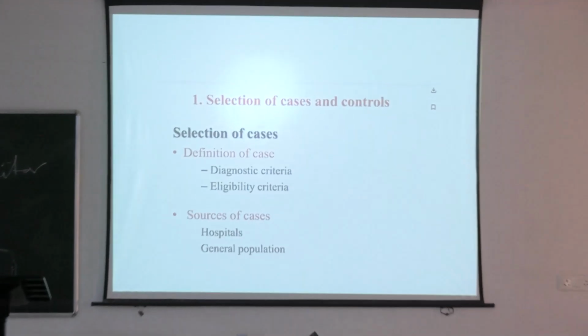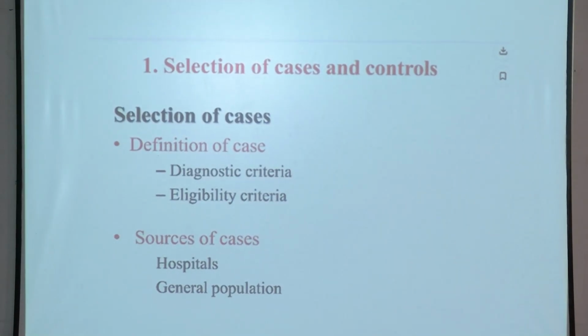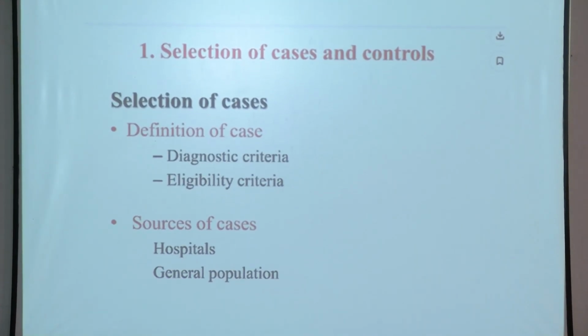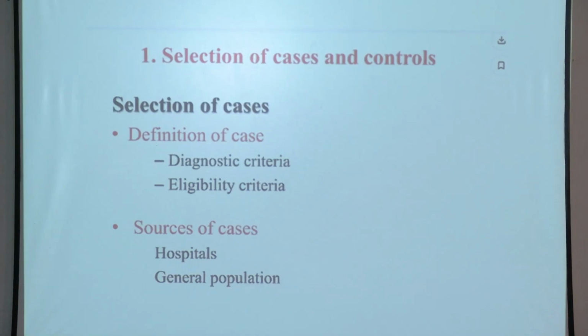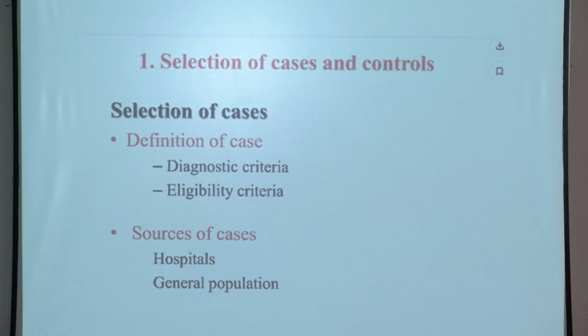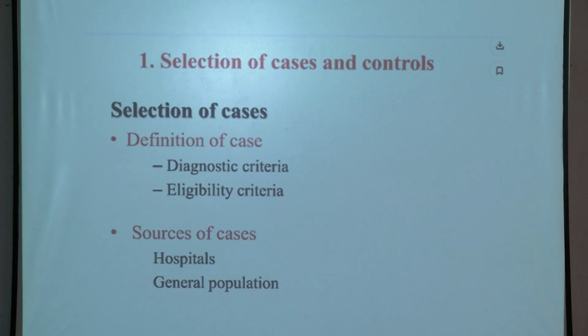Eligibility criteria also. Again, what are the criteria? Yesterday I was talking to some of my colleagues in the gynecology department. They wanted to do a study on PCOS, polycystic ovarian syndrome. Its name has now changed to polycystic metabolic ovarian syndrome, PMOS. They are wondering how to do the study.